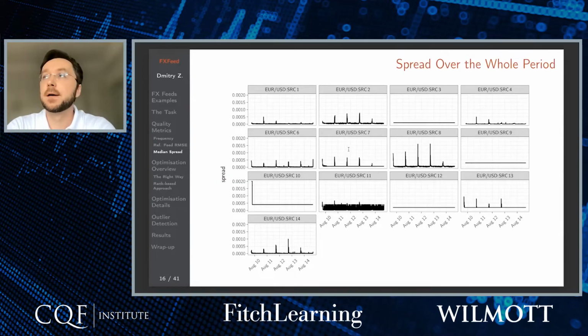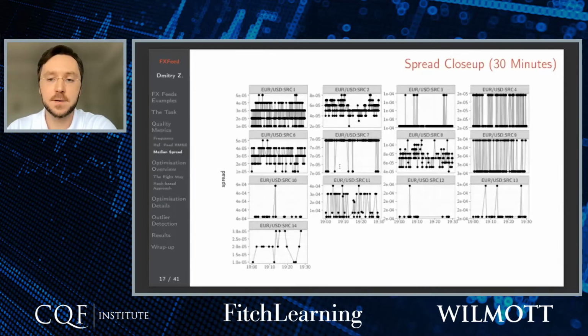The next metric, another characteristic of a currency feed, is the spread. It turns out it's also important because people tend to prefer tighter spreads. Here I plotted different spread values over the initial time period. It's on the scale of days, and you can see that indeed the spread values are different.